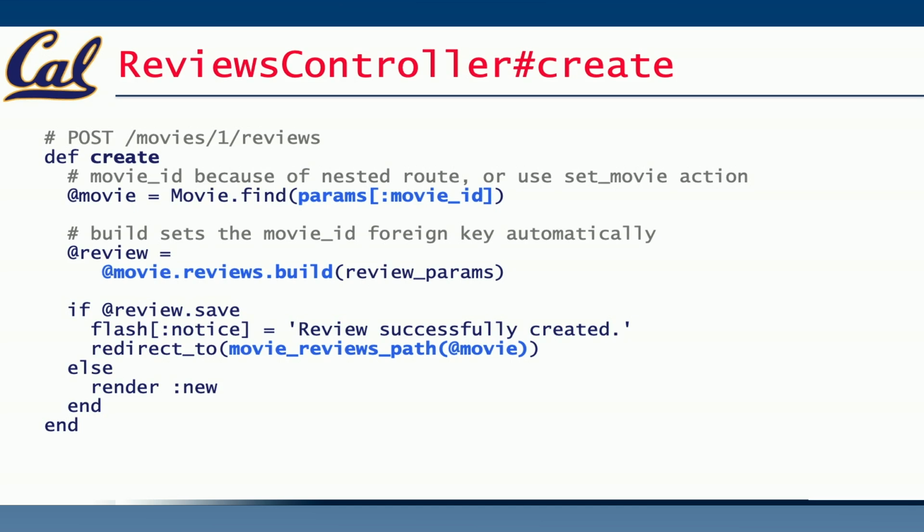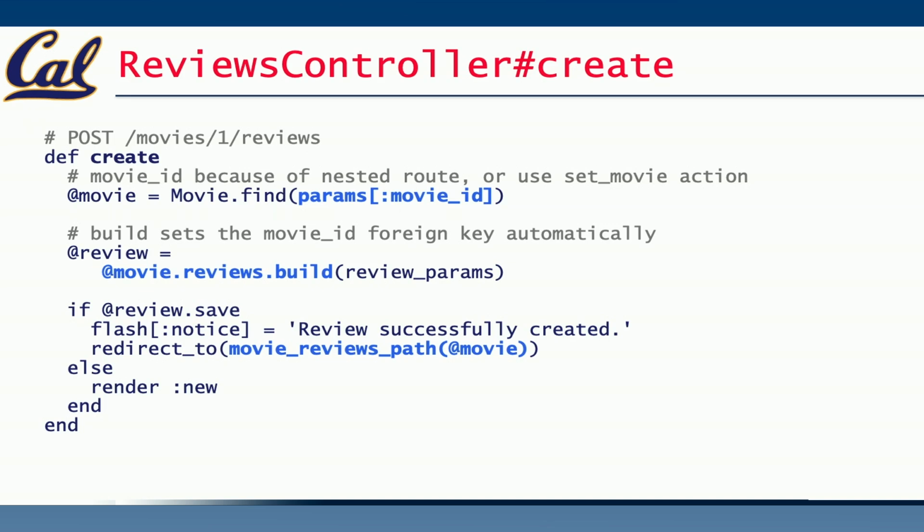And when we create this, we now have access to setting the movie by params movie_id. So remember, we're in the reviews controller here. To find the movie, we do Movie.find by params movie_id, or probably a set_movie controller filter. How do I make a new review? Well, I can make a new review by saying @movie.reviews.build of my review parameters. Again, those parameters come from whatever form has been filled out.